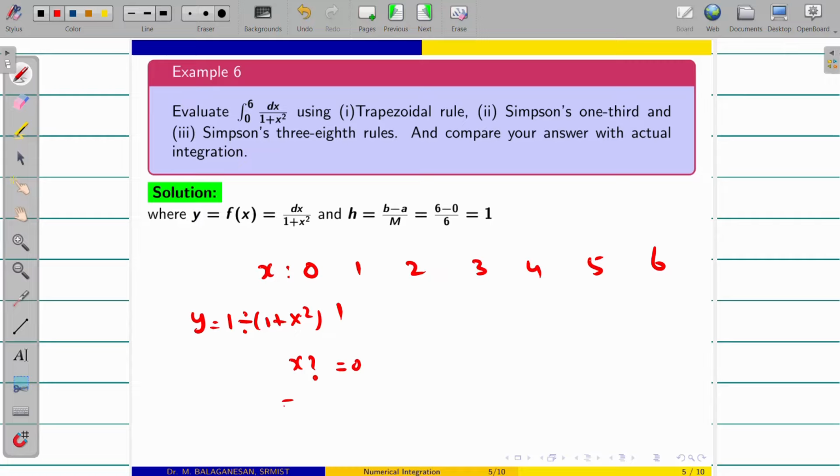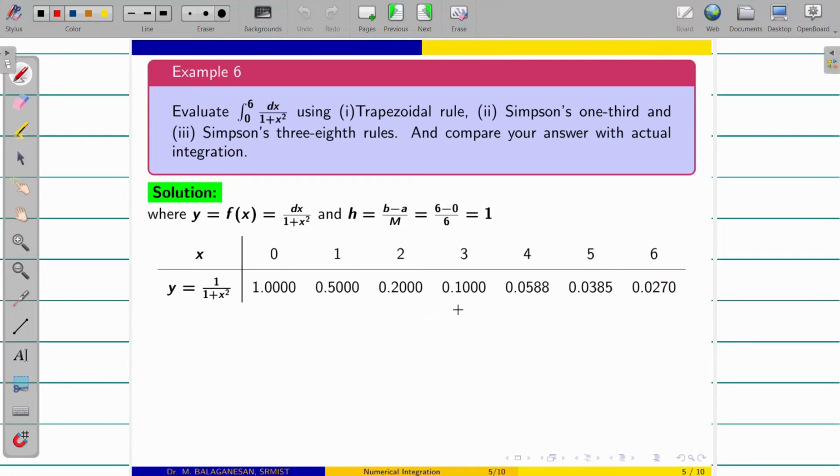Then again press the equal to button. It will ask what is x next. Give the value x equal to 1. Then it will give the answer. It will be 1 by 1 plus 1, 1 by 2, it will be 0.5. In that way, you can complete the table. Look at that, I have done it here, 1.5, and it goes up to 6.